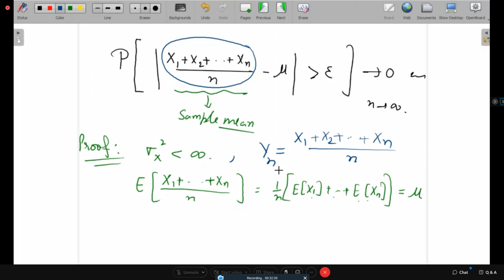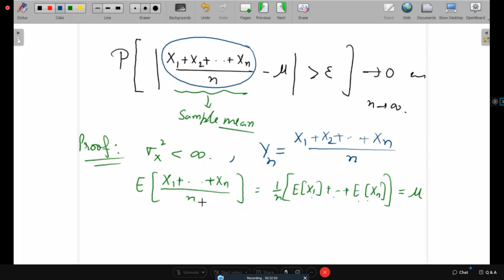So what do I need? I need the mean and the variance of this. I need these two pieces of information. So here the mean is what? The expectation of Yn.